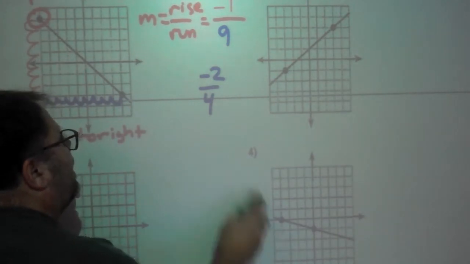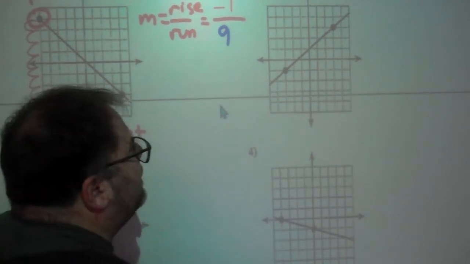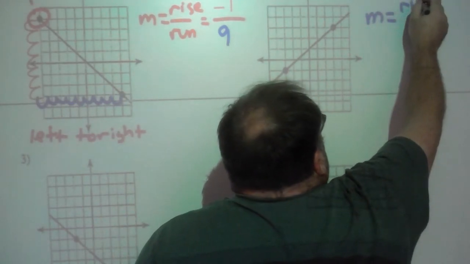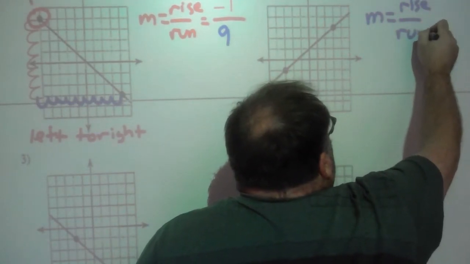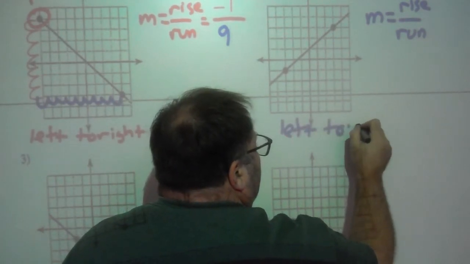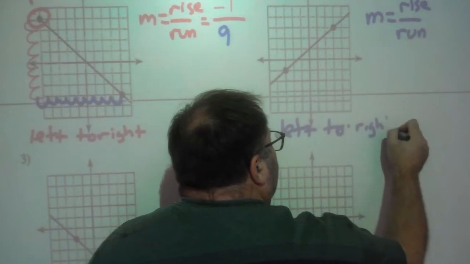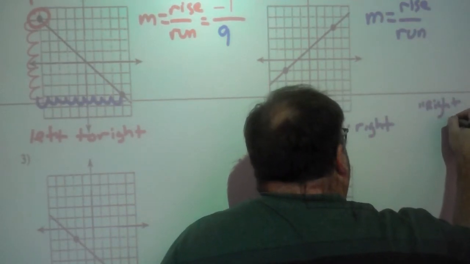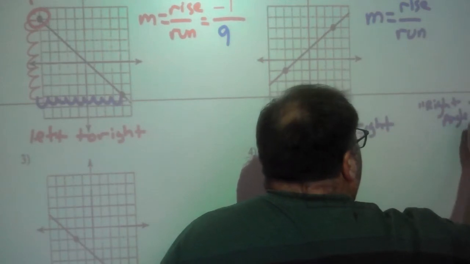Let's do one more, and then I'll set you loose on these. Here's this one. Our slope is going to equal the rise over the run. We are going to go from left to right. And don't forget the right angle. We're making a right triangle, really. Right angle, that's our turn.